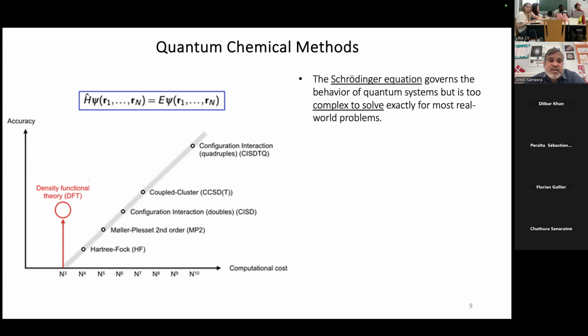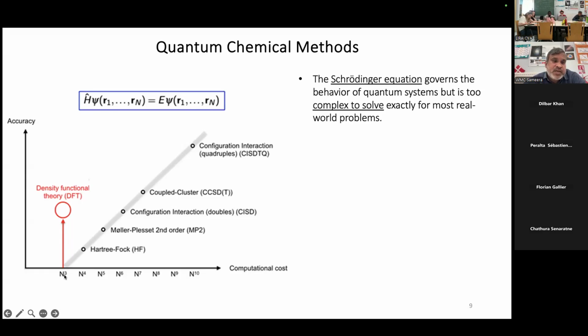But it is very complicated, as I mentioned before, because the computational cost rapidly goes up with the number of atoms, which is n, and therefore when the number of atoms in the system is larger, you cannot really solve the Schrödinger equation using the computers we have.